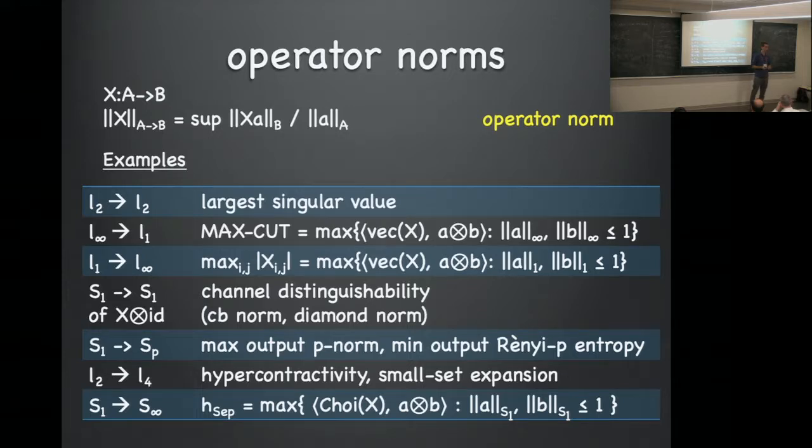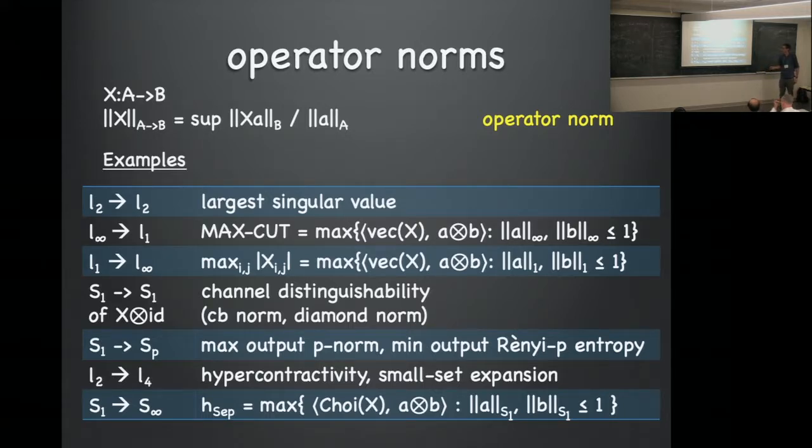If I take the S1 to S infinity norm, that's the maximum over alpha with S1 norm at most 1 of the S infinity norm of X of alpha.